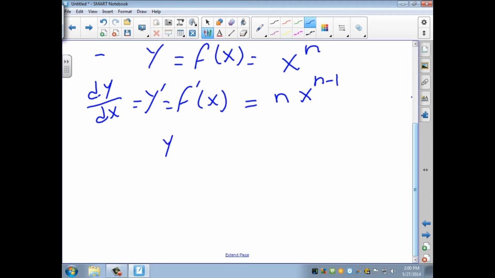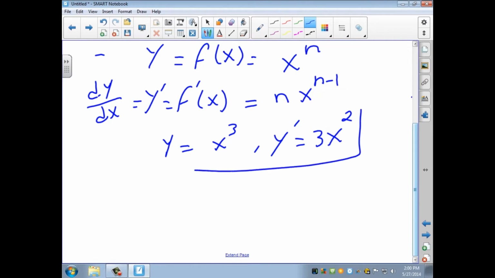So y is equal to x to the third. That means y prime would be equal to 3, that is, n comes to the front, x, subtract 1 from the power of 3, which would make it 2. That's a derivative.